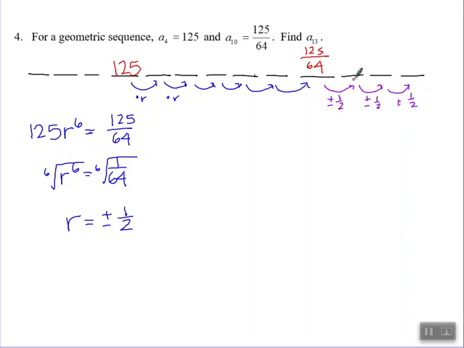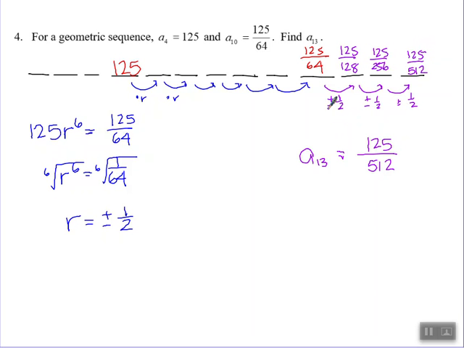If we are multiplying by positive 1/2, we would end up with the 13th term being 125 over 512, because we would get 125 over 128, 125 over 256, and then 125 over 512.